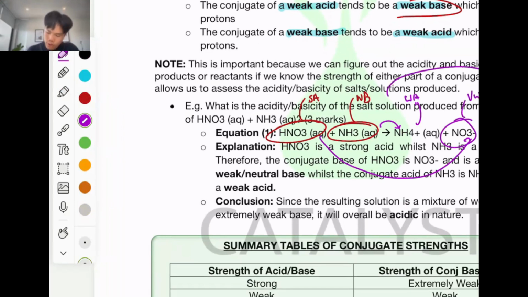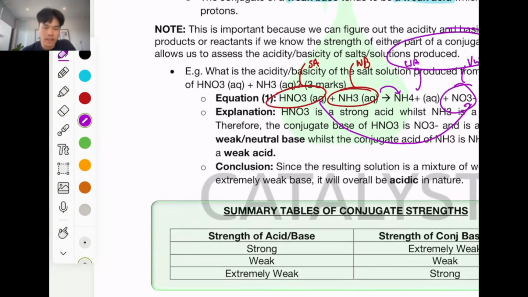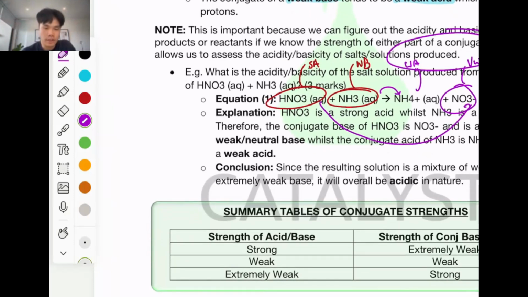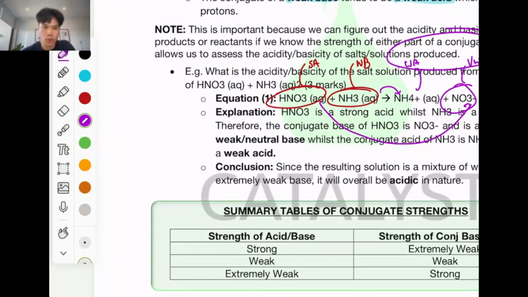So the products that you formed, one is a weak acid, one is a very weak base. And hence the salt solution you made is going to be slightly acidic because you have a weak acid being made and a very weak base, which is virtually neutral. The very weak base or very weak acid is virtually considered neutral. So overall, this is slightly acidic. And that's how you determine the acidity, basicity, or neutrality of a solution or a salt that you form.